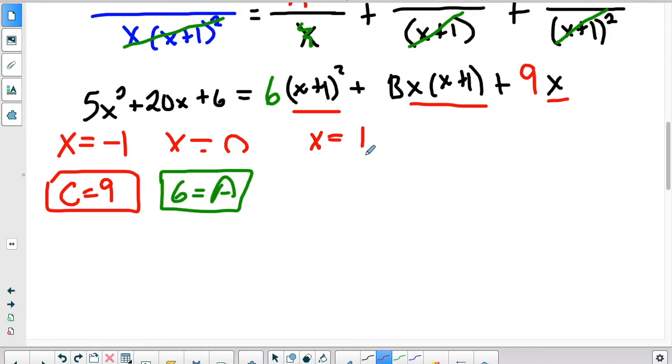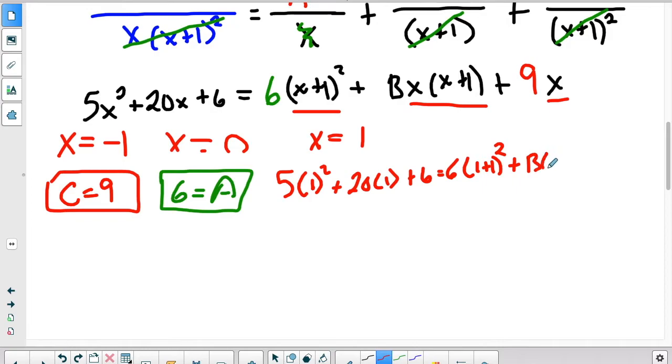Now looking at this here, when I set x equal to 1, what's going to happen? We're going to have 5 times 1 squared plus 20 times 1 plus 6 is equal to 6 times 1 plus 1 squared plus b times 1 times 1 plus 1 plus 9 times 1. So I plugged 1 in for x.